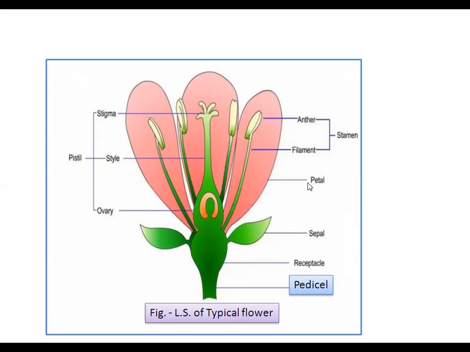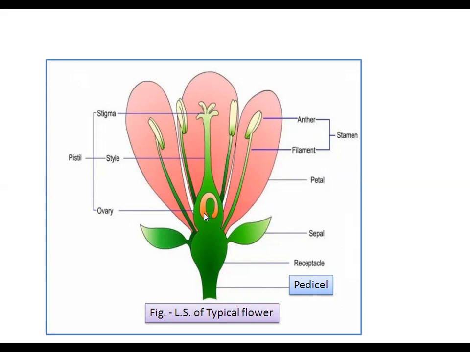Then the next floral whorl is the stamen or androecium, a male reproductive floral whorl. And the pistil, also known as gynoecium, consists of different parts: stigma, style, and ovule.